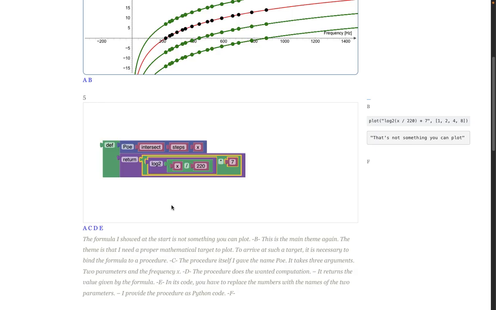It returns the value given by the formula. In its code, you have to replace the numbers with the names of the 2 parameters. I provide the procedure as Python code.